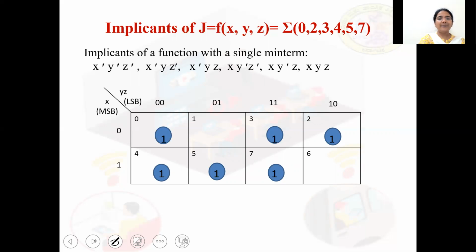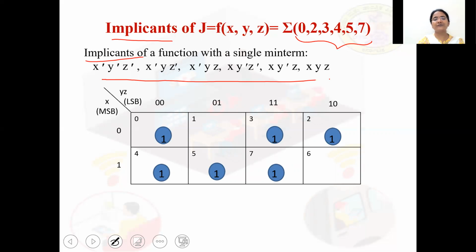Implicants of a function with a single minterm: each minterm in a function, written in the form of binary variables, is an implicant with a single minterm.